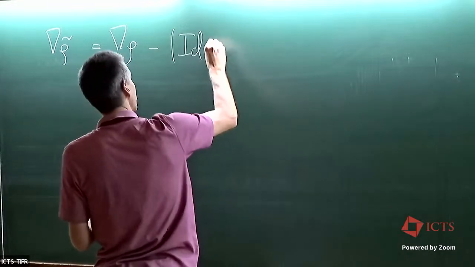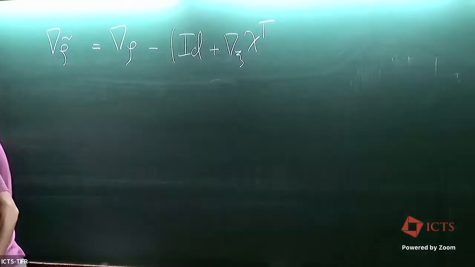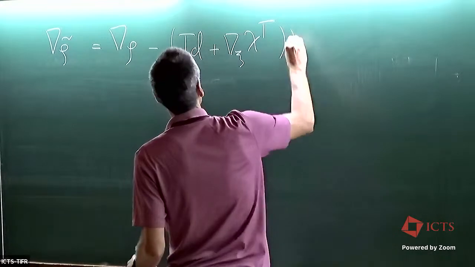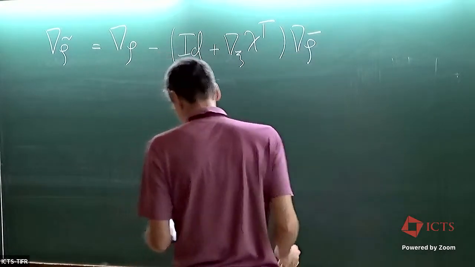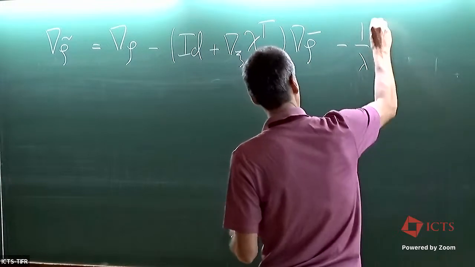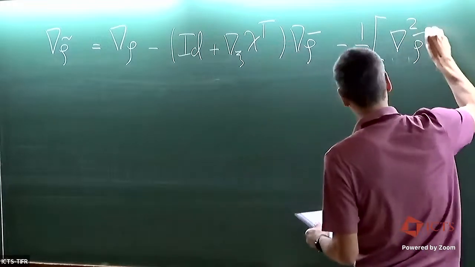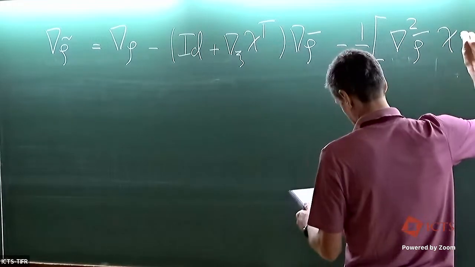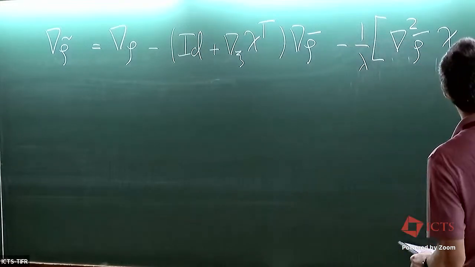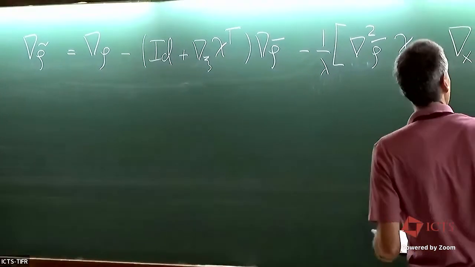This is identity minus the fast derivative when the derivative hits chi, times the gradient rho bar. And then there are terms of order lambda, 2 types. Second derivative of the rho bar times chi plus the derivative in x variable of the chi times gradient rho bar.